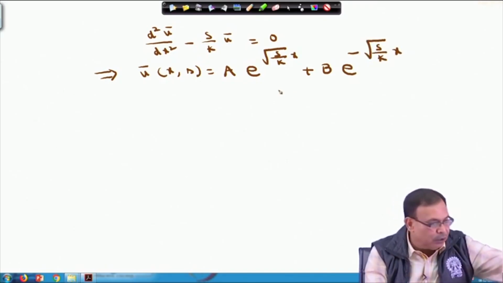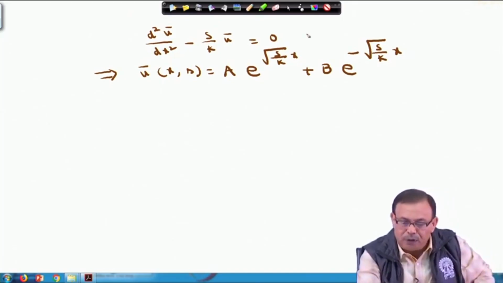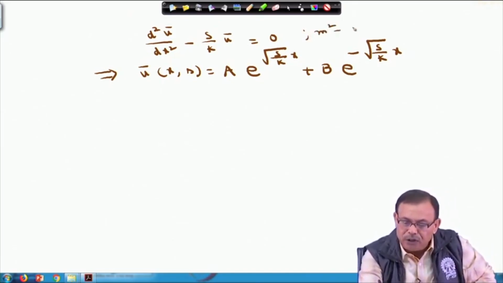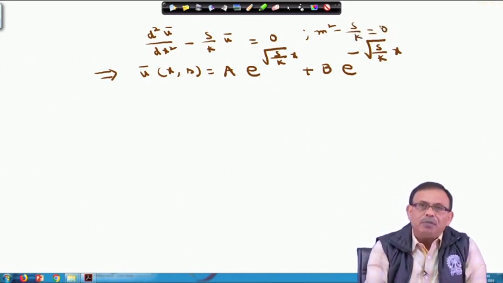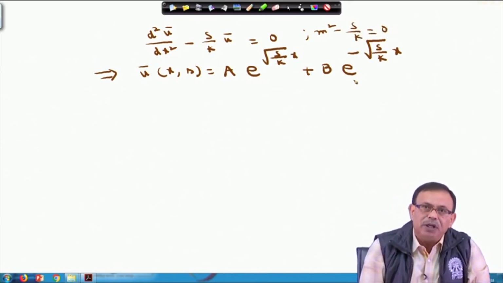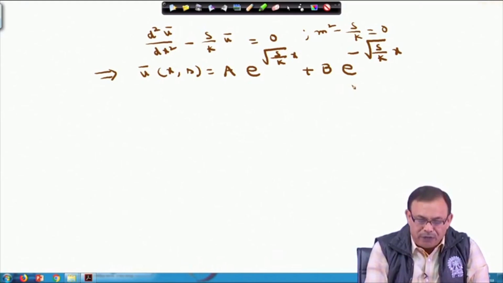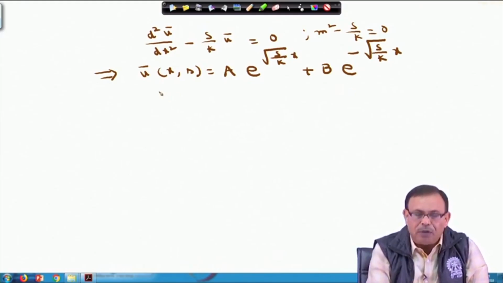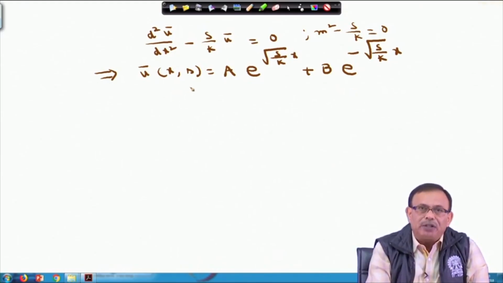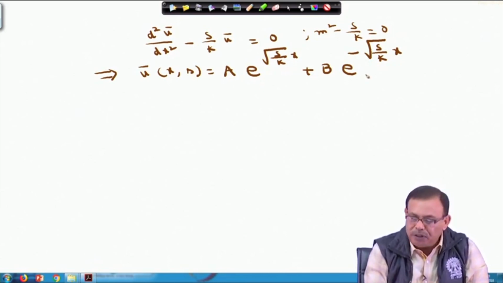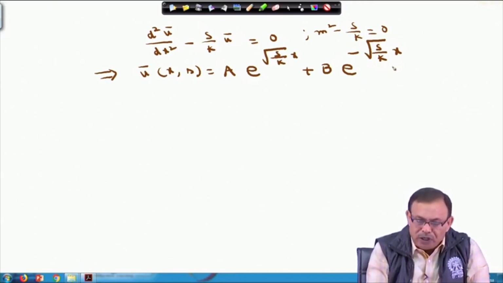Since m² minus s/k equals 0, m² is s/k, and m takes two values, plus and minus root of s/k. From there you write ū(x,s) equals a e^(√(s/k) x) plus b e^(−√(s/k) x). What is your next job?